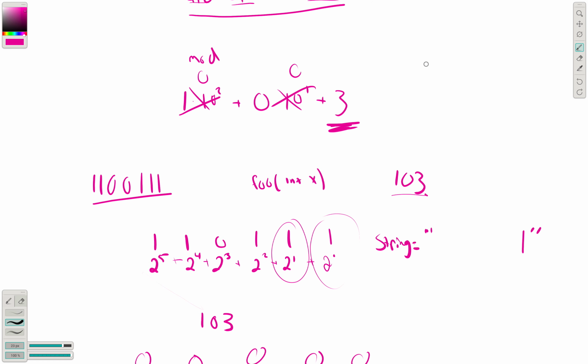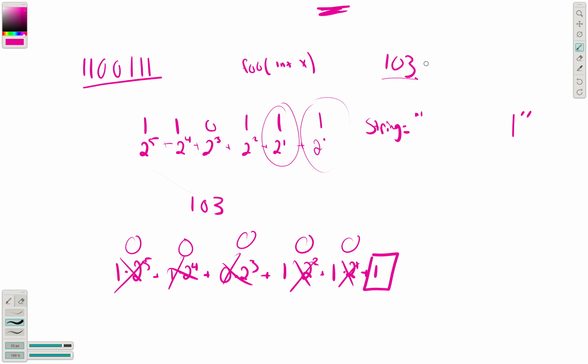Okay, interesting. So here, what I could do is get rid of this 2 here, get rid of this first bit. And how could I do that, actually? How could I just get rid of this first bit?